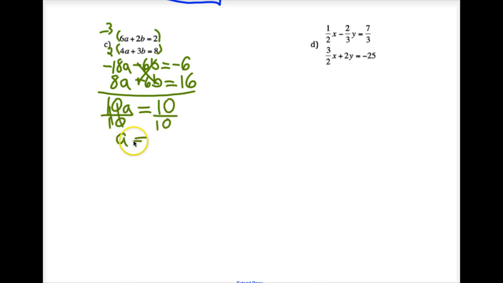A equals 1. And I'm going to plug it into the second one. 3B equals 8 minus 4. Did you get it right?